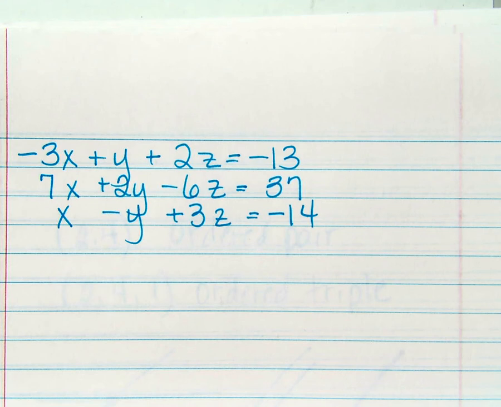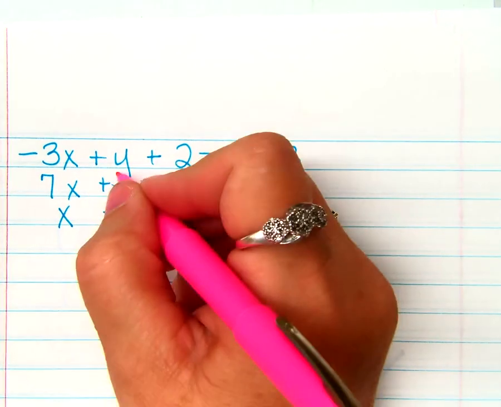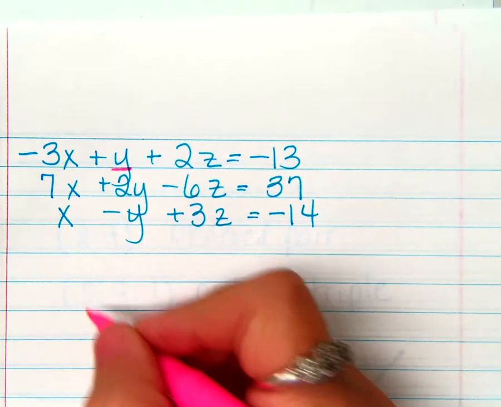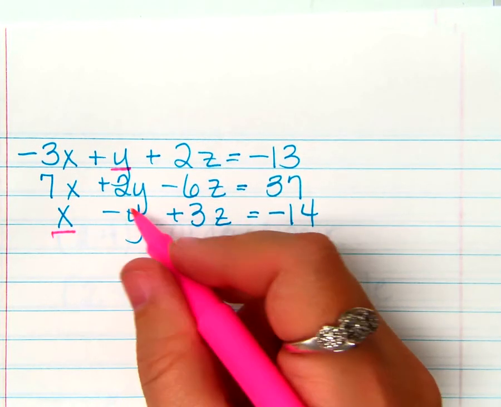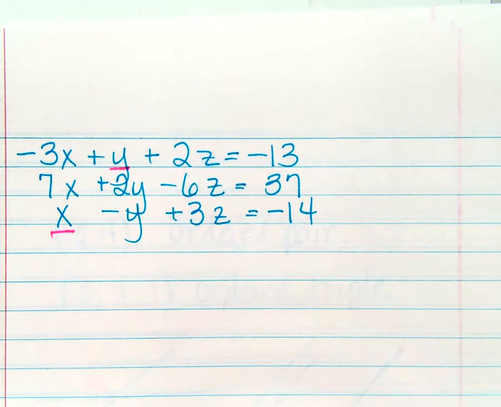Now, earlier they said there's 3. They said there was this one, and they even said this one. Why do I not consider this one by itself? Because it's negative. I still would have to do something to get that y by itself. I'd have to divide everything by -1.